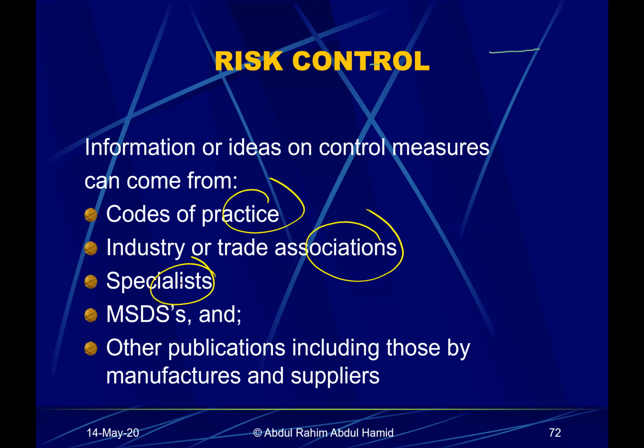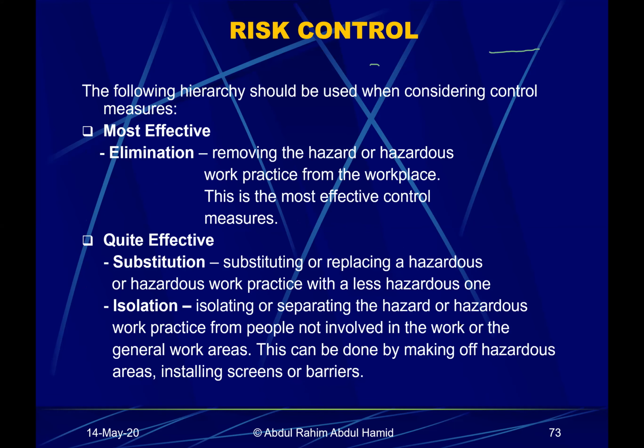So when you mix the material together, you need to be very careful. So all kind of instruction or labeling with regard to that thing. And then instruction from manufacturer, and we can classify the hierarchy of risk in terms of most effective, quite effective.